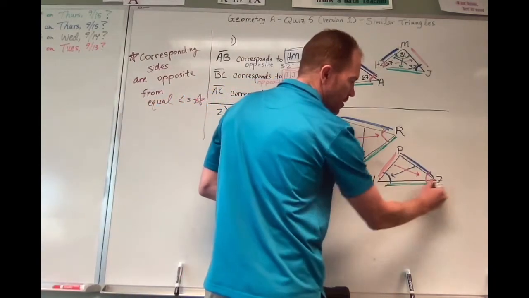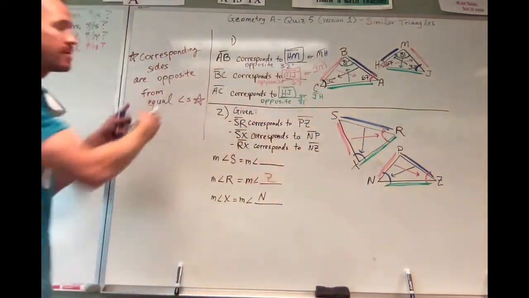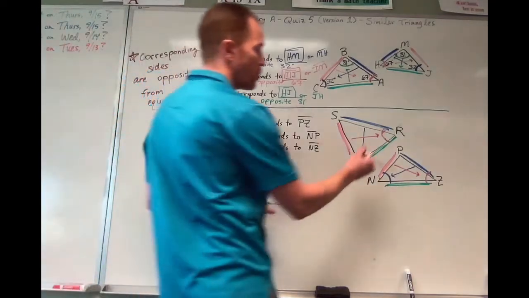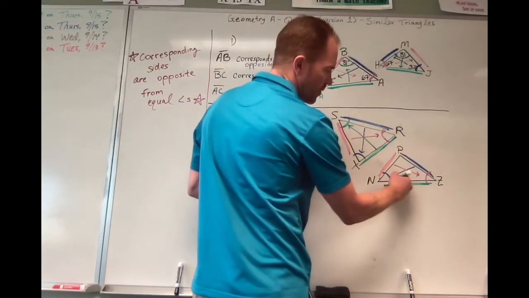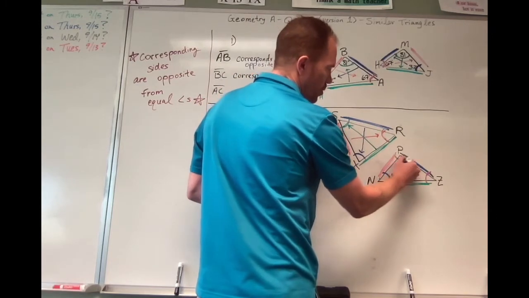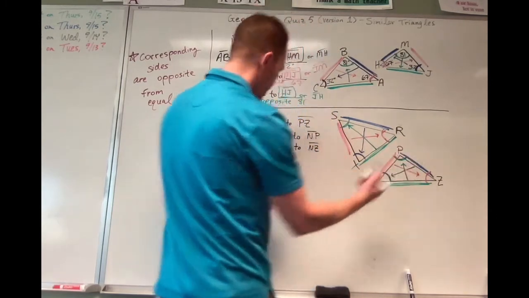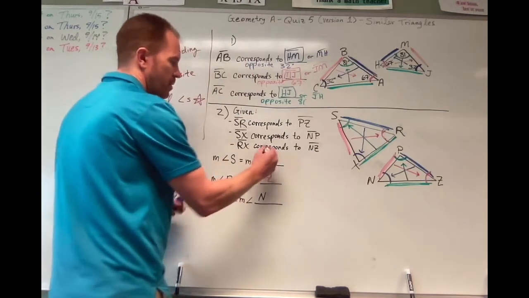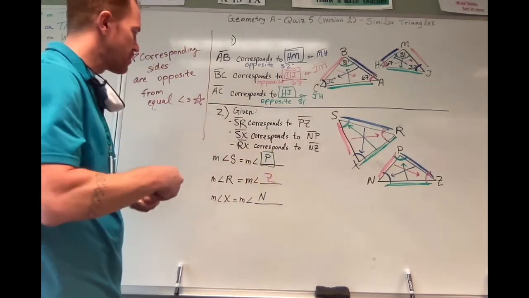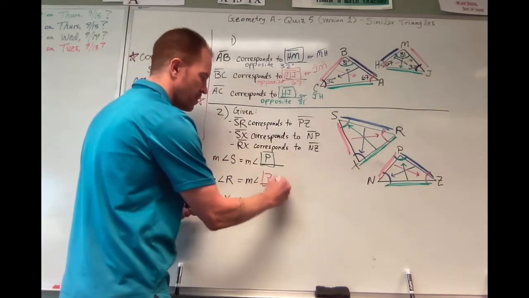Corresponding sides are opposite from equal angles. So what's opposite from RX? Angle S. What's opposite from NZ? Angle P. So angle S and angle P must have equal measurements. Okay, let's box those in, make those answers obvious.